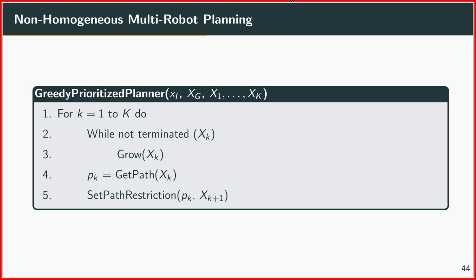Then you iterate from 1 to k, grow the space for xk, and get a path from xk, and then set this as a path restriction for your next level. You do that every time you have found a solution, and that is how you do, I would say, greedy prioritized planning.